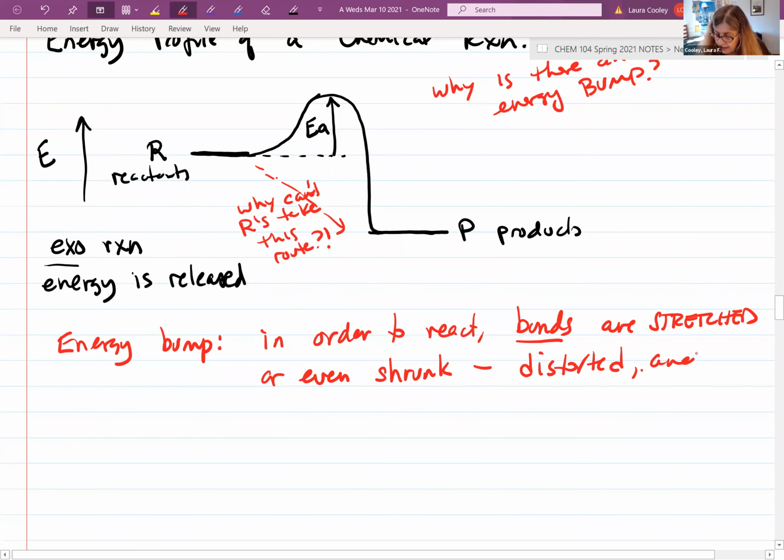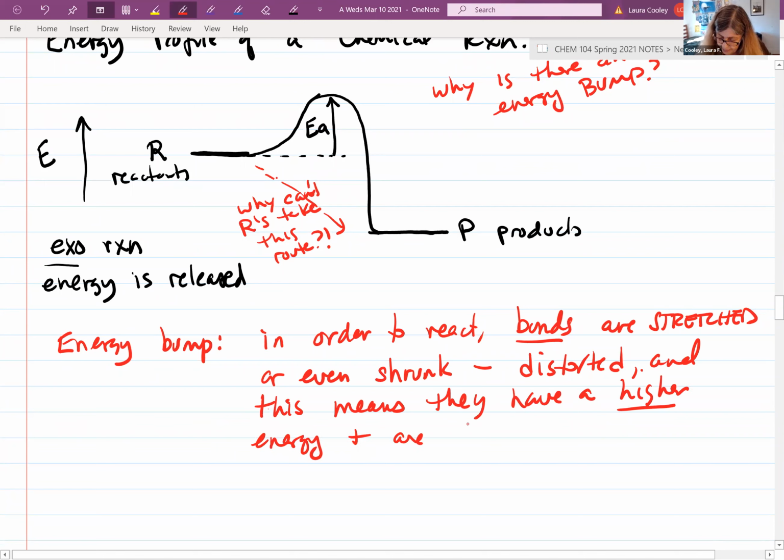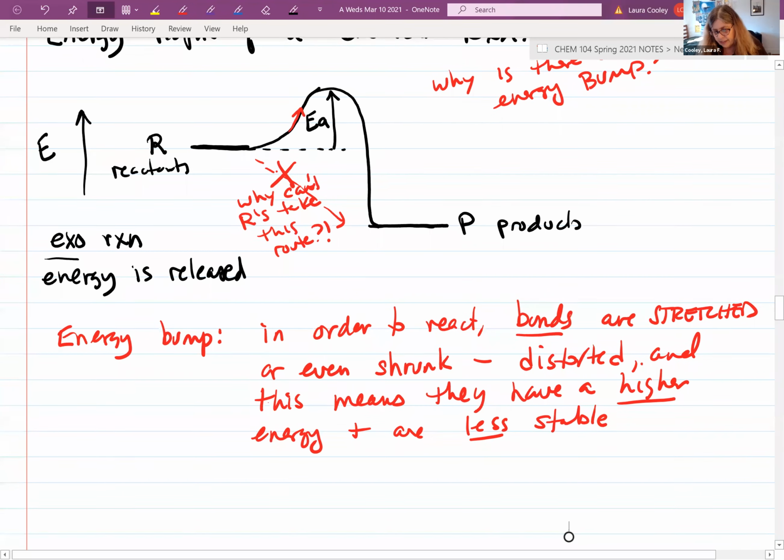And this means they have a higher energy. They are less stable. And that's why you end up having to go here, and you can't take that direct route like that.